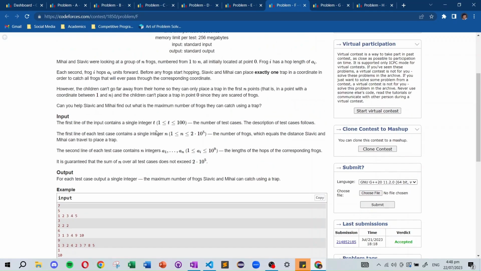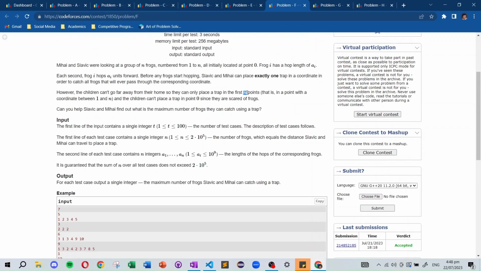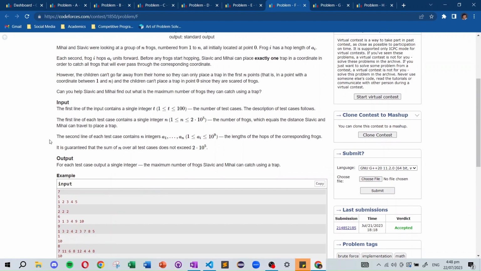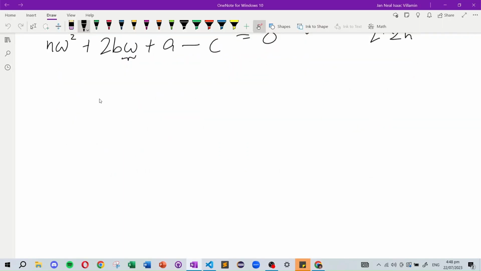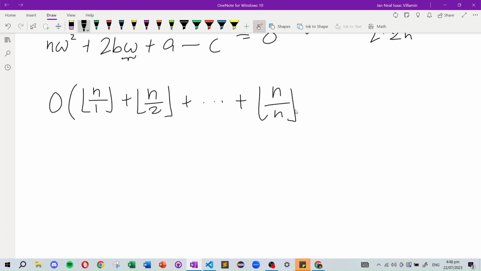Because the key idea here is that you only need to consider the first n points, which is up to 2 times 10 to the 5. So you can do the harmonic series time complexity, which is O of floor of n over 1 plus floor of n over 2 plus dot dot dot up to floor of n over n.